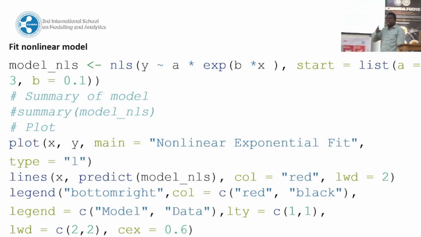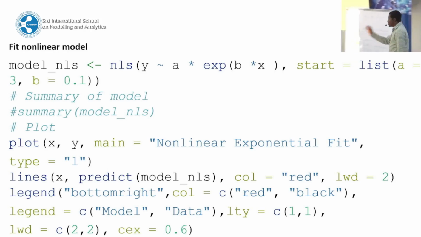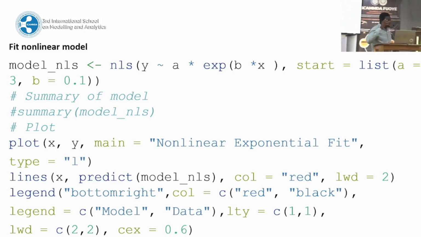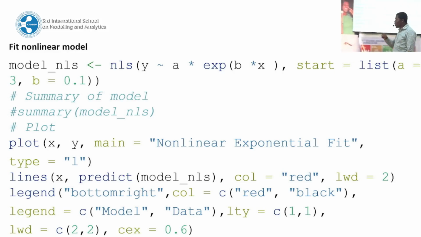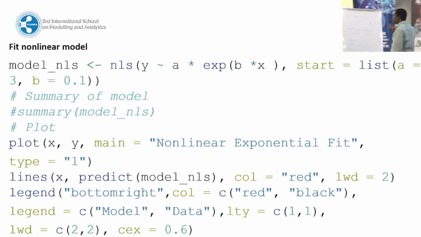But in the non-linear model using NLS, you must specify an initial guess. Maybe whenever I come back, I'll be talking about how you can think of various initial guesses, because that one is another trial and error thing. But for now, just take that I've specified my initial guess: A as 3 and B as 0.1.